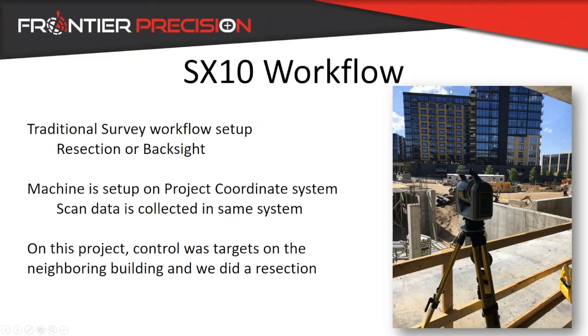So for this project, you can kind of see on the building at the top of the picture, there were 3 control targets that were set up, actually in the very upper leftmost part of that picture, and then the structure kind of makes a little bit of an L, and the second control point was in the leftmost corner that's kind of just cut off from the image, leftmost corner at the top, and then the third control point that I used was in the rightmost corner on the top of the image, just cut off by the concrete there and the floor above.